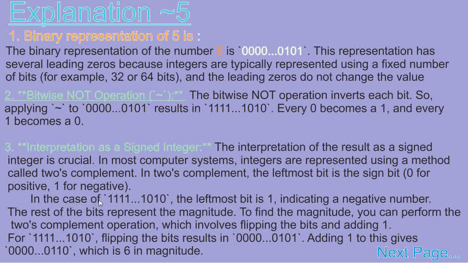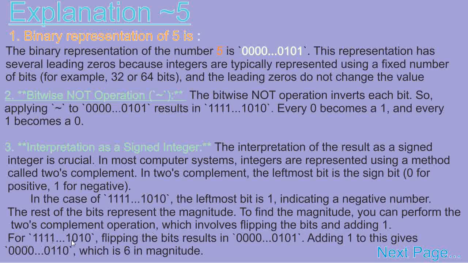In the case of 11111010, the leftmost bit is 1, indicating a negative number. The rest of the bits represent the magnitude. To find the magnitude, you can perform the 2's complement operation, which involves flipping the bits and adding 1.